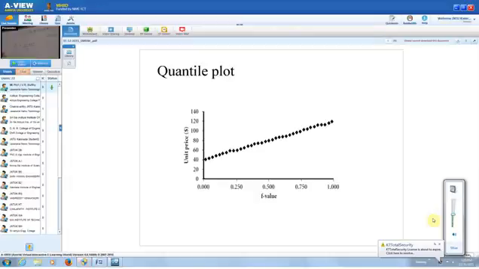So your F1 will be 0.05. What is your F2? i is 2. 2 minus 0.5 by 10, so 0.15. Similarly, the next is 0.25. Your F10 will be 10 minus 0.5, that is 0.95.